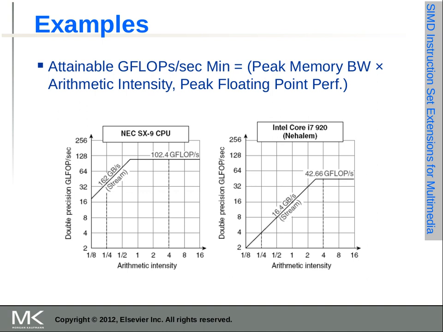Basically, this point where it shifts from this linear slope to a flat line, the further left it is, the better your memory system is. The further right it is, maybe you have too many floating point units. Maybe you should work on your memory system.